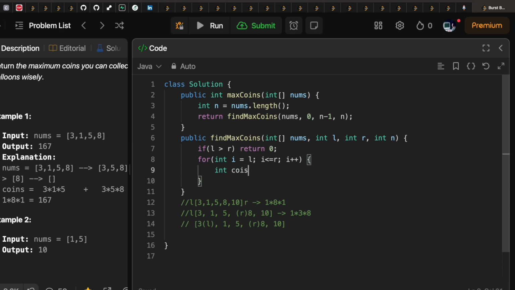So cost will be, let's call cost as nums of i. So the cost will be nums of i, nums of i minus 1 and nums of i plus 1 basically.